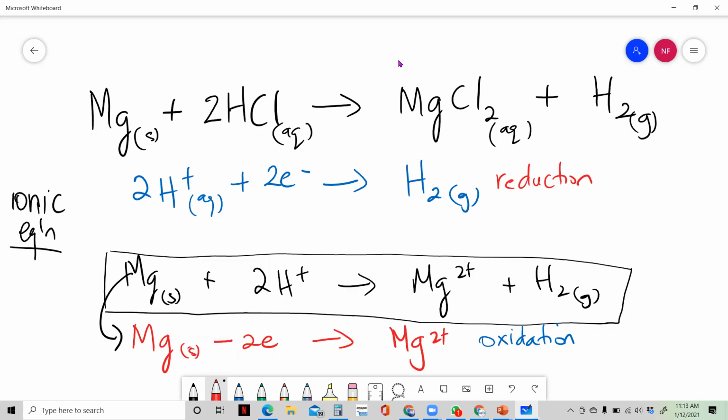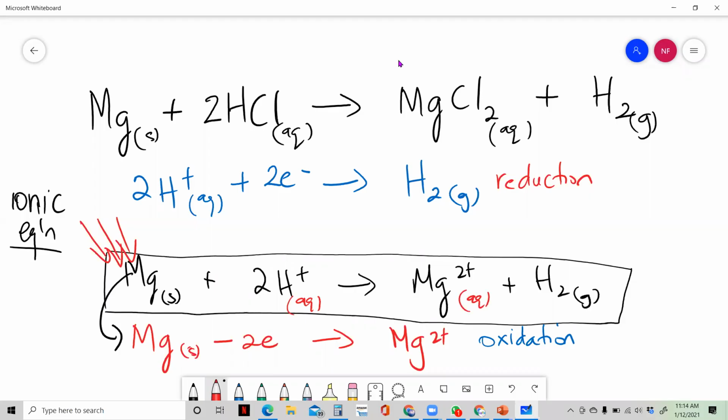Miss, come again there, please. All right, so the equation is magnesium reacting with hydrochloric acid, right? But in order for us to say electrons are lost and gained, it's easier if we write the ionic equation. So that is what we did. Here we have our net ionic equation: magnesium in the solid state reacting with 2 hydrogen ions to produce magnesium ion and hydrogen gas.